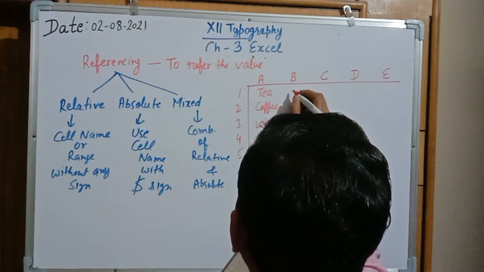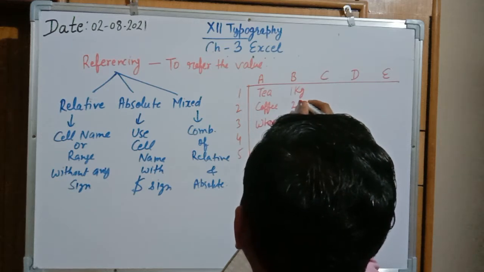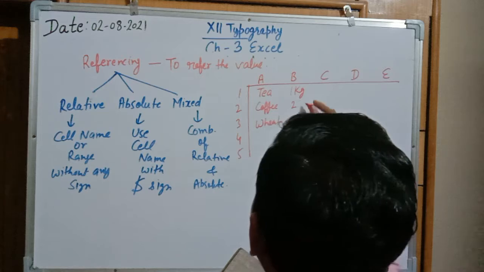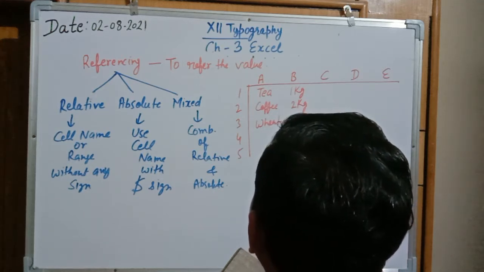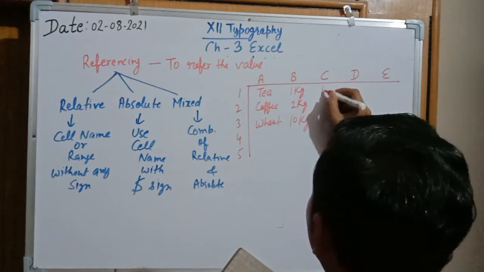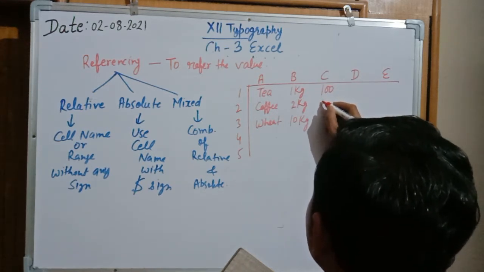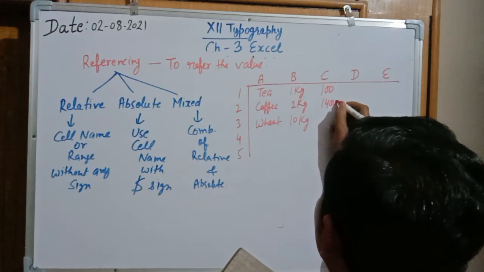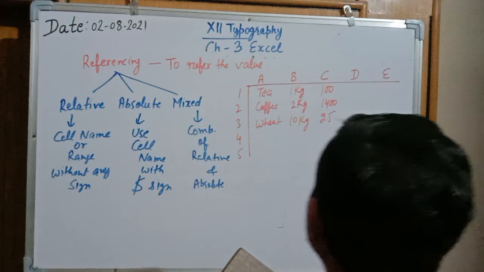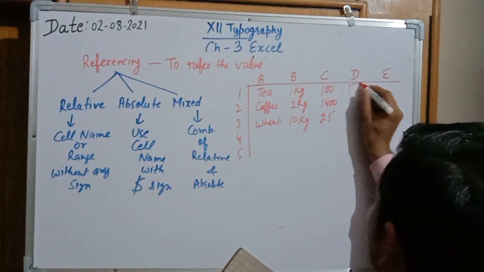I have taken quantity 1 kg, 2 kg, and 10 kg. Price I have taken 100 rupees, 1400 rupees, and 25 rupees. I want to calculate the value of T.